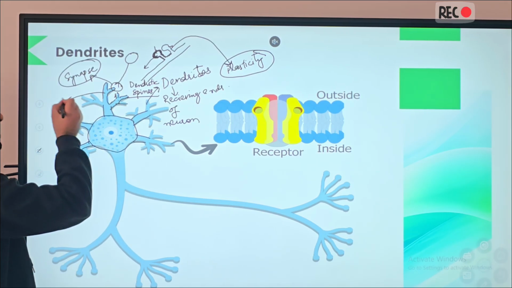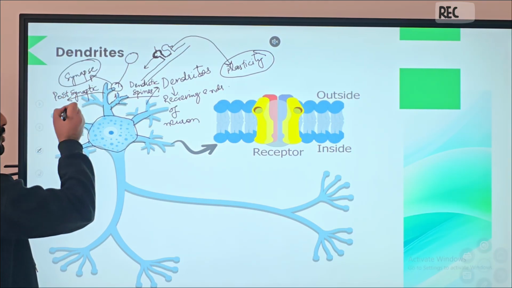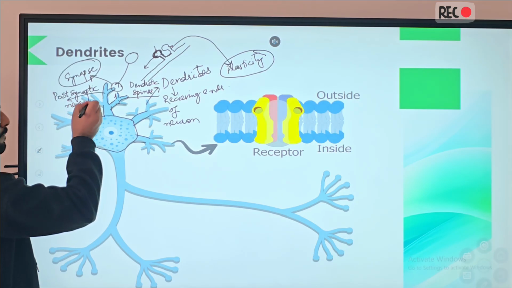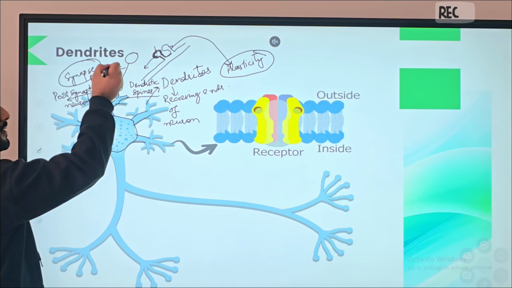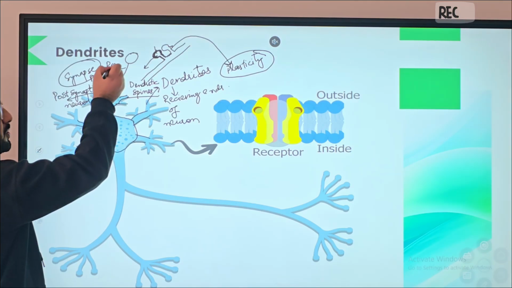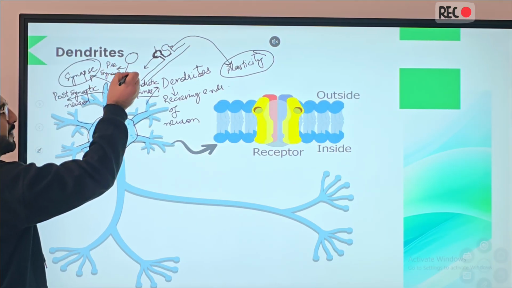So this neuron will be called the postsynaptic neuron. And this neuron, before the synapse, before the junction, is called the presynaptic neuron.